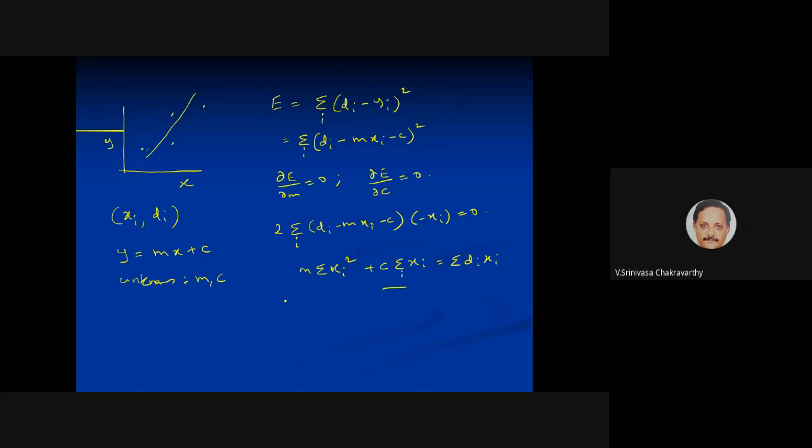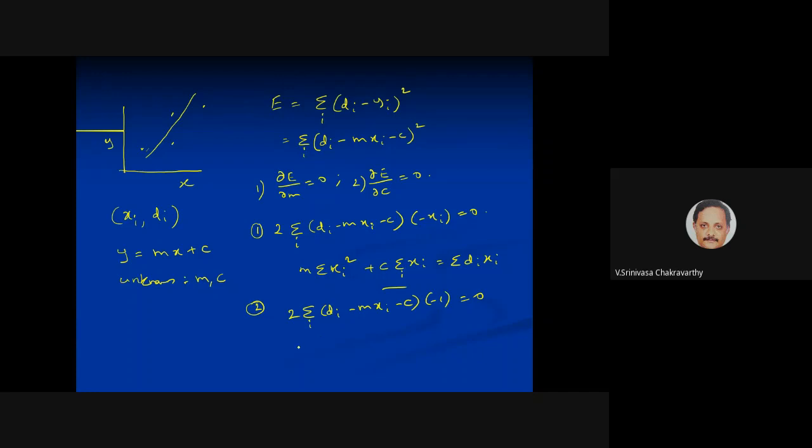The second equation, for dou E by dou c, will be again 2 times sigma over i of (di minus m xi minus c) times minus 1 equal to 0.